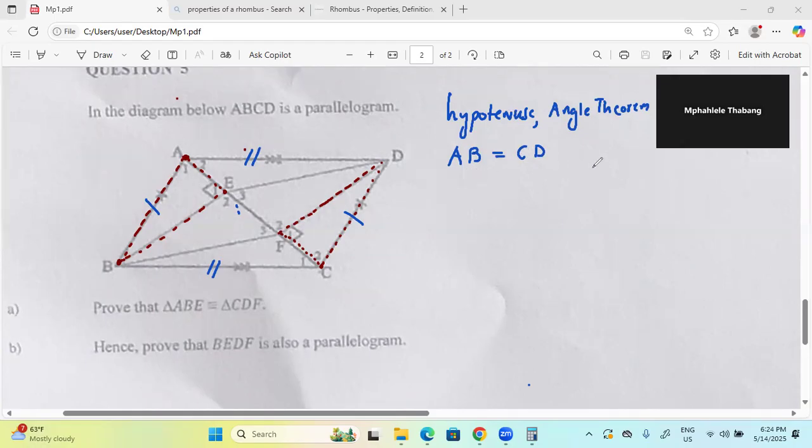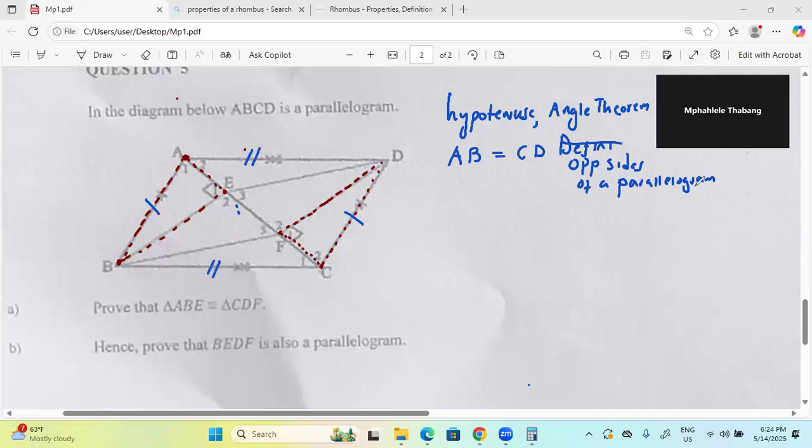Why are they equal? This comes from the definition of a parallelogram. Opposite sides of a parallelogram are equal. So we see that these two triangles, their hypotenuses are equal. What we need to bring forth now is the angle.